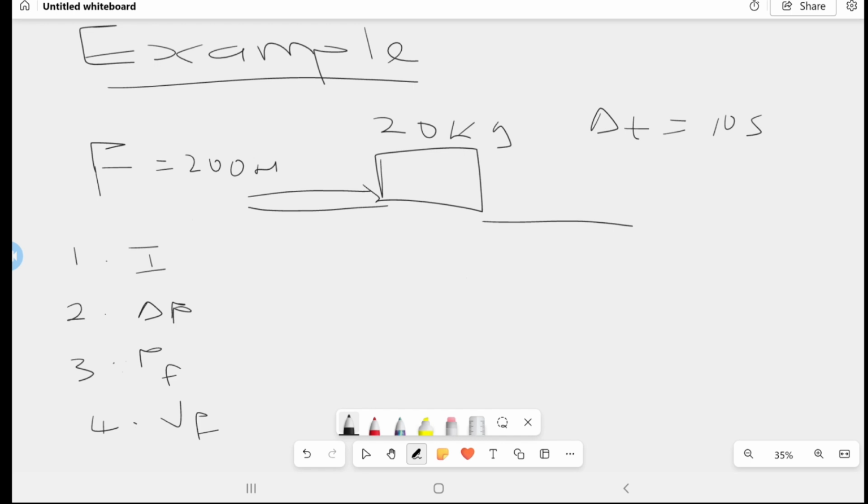What I want us to do, using the information we're given, is calculate the impulse, change in momentum, the final momentum of the block, and then the final velocity of the block. Let's start with the impulse. What did we say impulse is? Impulse is force multiplied by change in time.